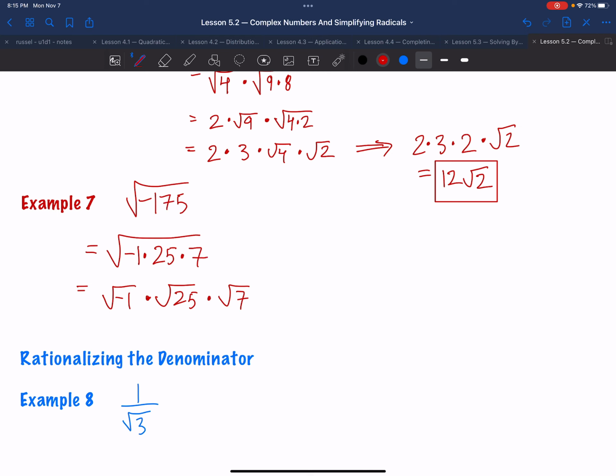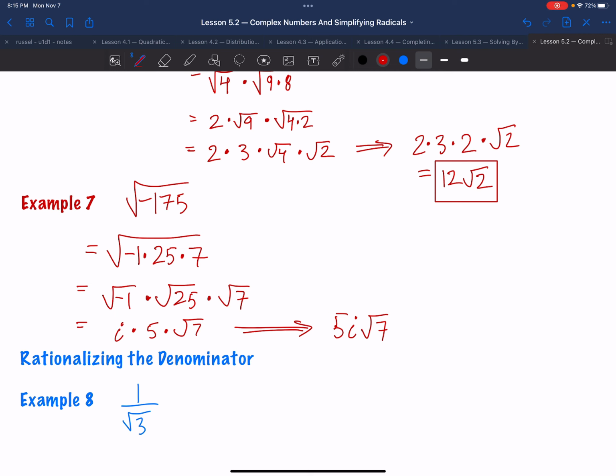Root 7 can't be reduced anymore, but this is just i times root 25, which is 5, times root 7. So if I write this and finalize it, it is 5i root 7. Done.